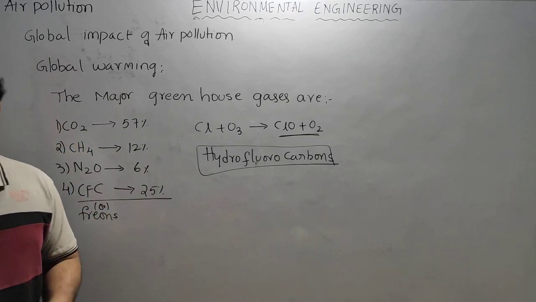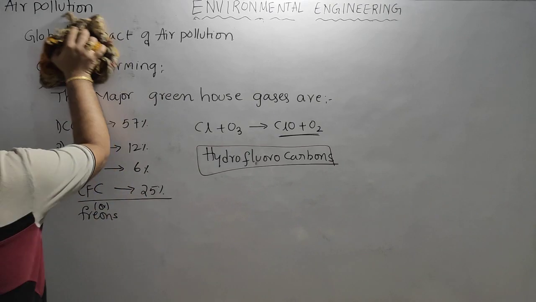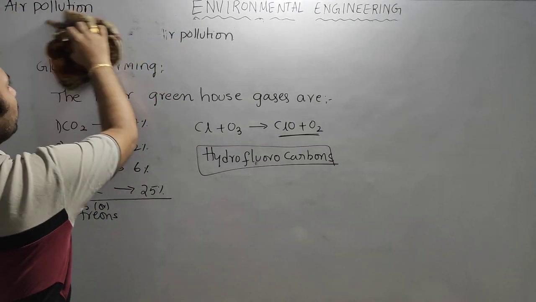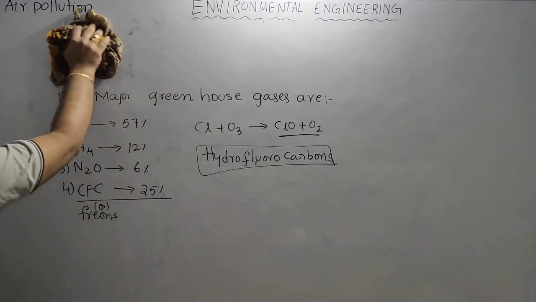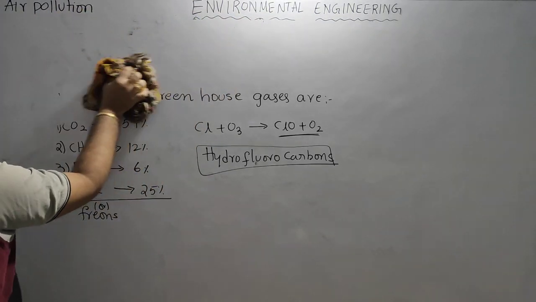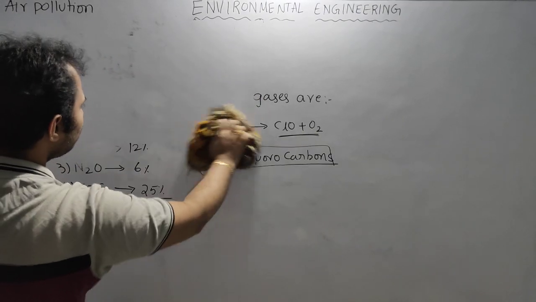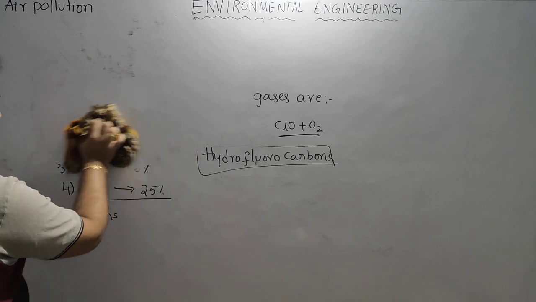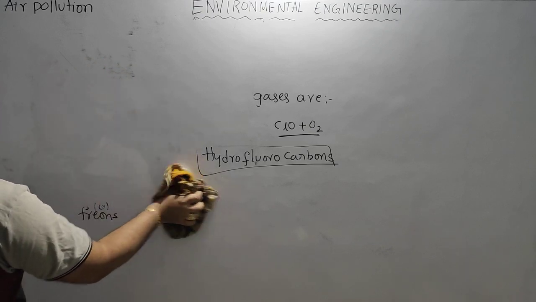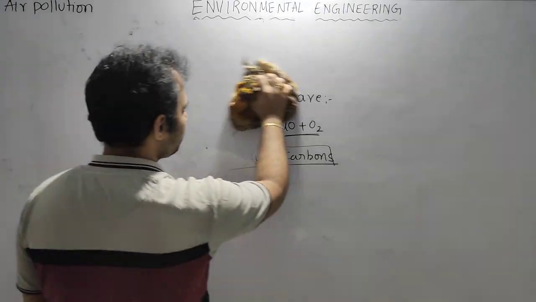Now, whenever we generate any kind of pollutant, we need to dispose of it safely out of the environment. Out of the environment means we always think out of the troposphere at least, so that it will not come back, because every layer is separated by isothermal layers.